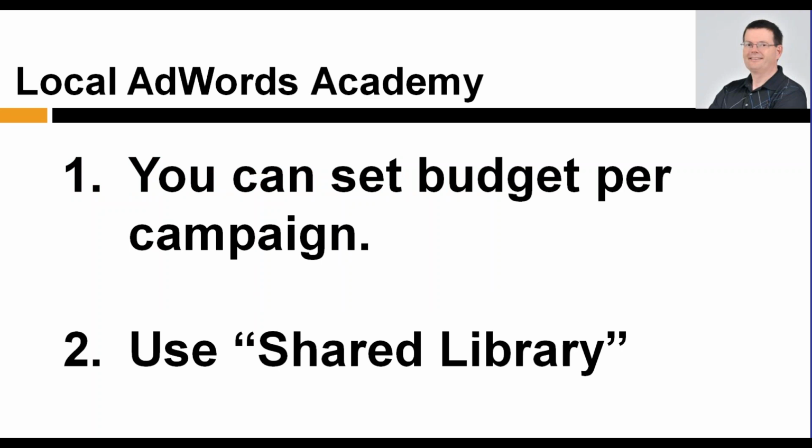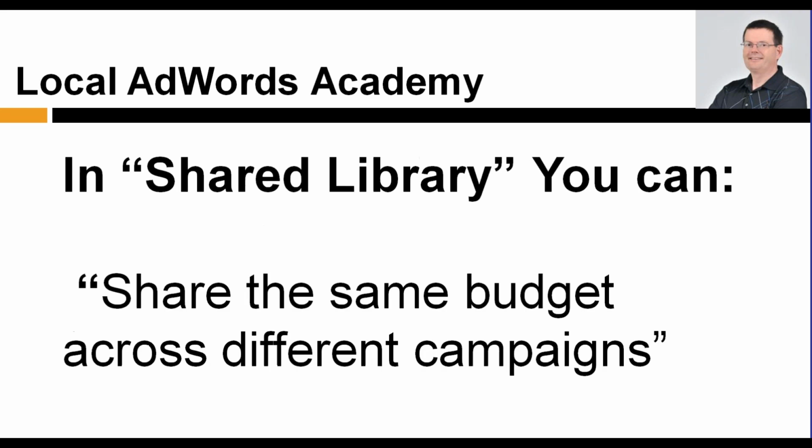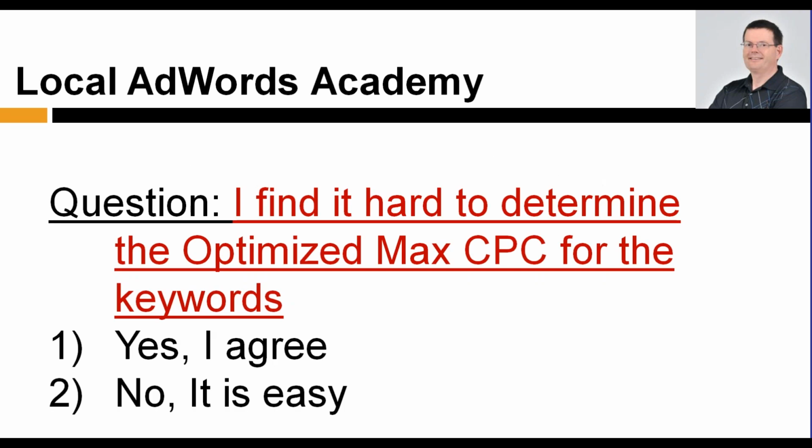So now you have control over the total account spend. You can share the same budget across different campaigns. And don't worry, I'm going to demo that to you. The only thing you need to remember at this point is you can set a budget across all the campaigns. Sounds good?